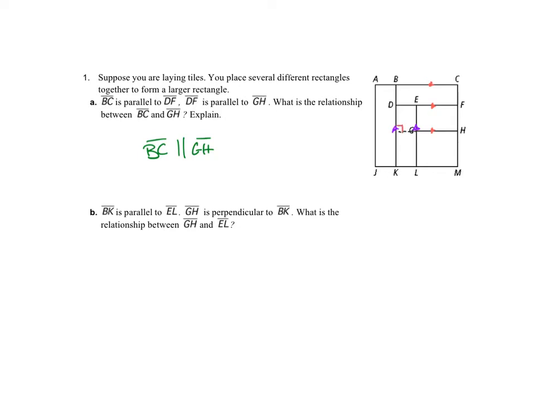So it's asking me what is the relationship between GH and EL. So in this case, GH has to be perpendicular to EL. So you can see right here, right? Because that slope or that line is not going to change. It's going to continue the same. So this line right here, they have to be also perpendicular.